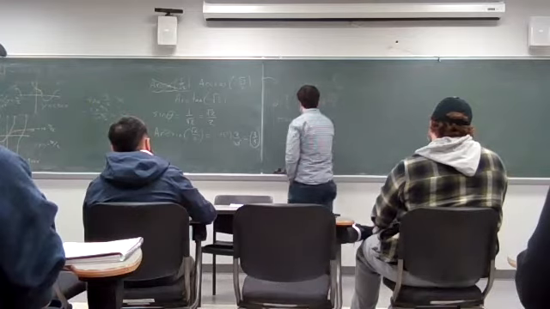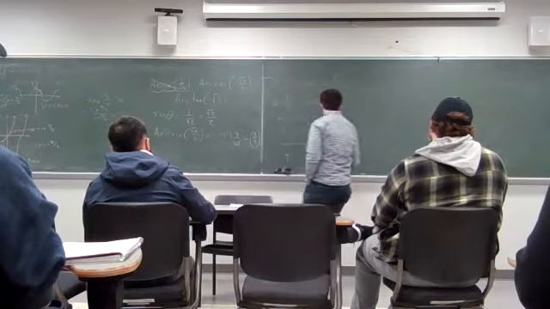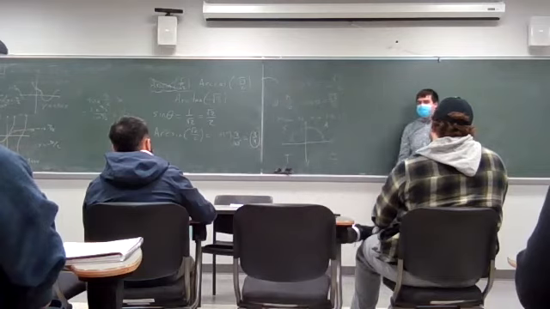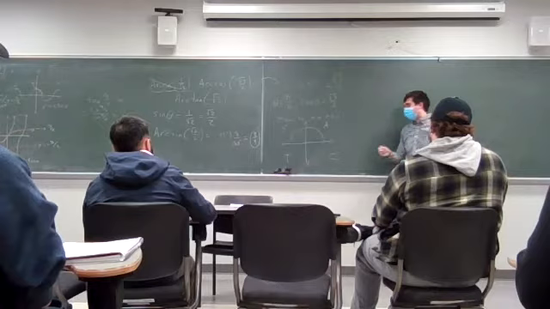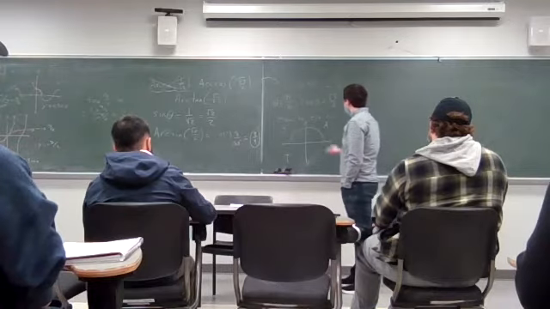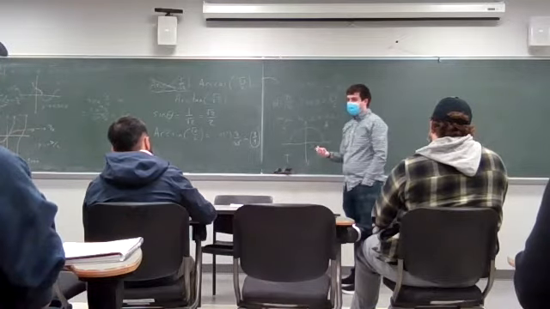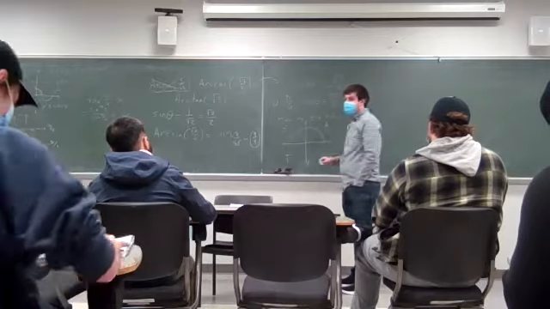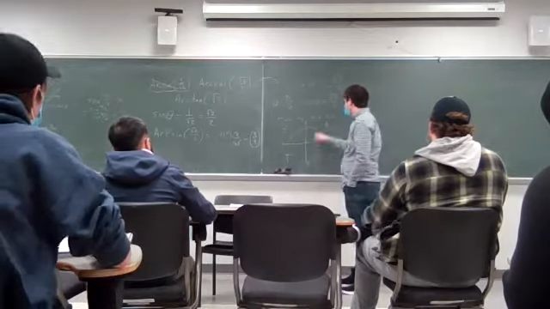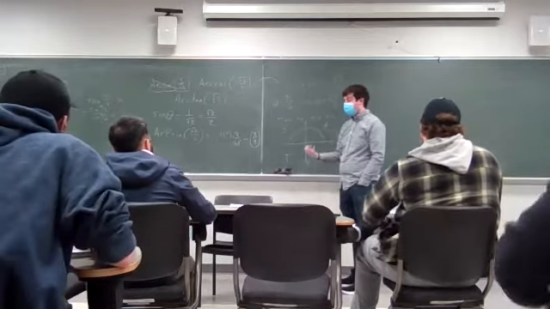Maybe you've seen ASTC before, which means all students take classes, all students take calculus. It depends on how people learned it. But the A here means all. So in this section, every trig function is positive, right? So if you take an angle and plug it into the trig function, it's going to give you a positive number.